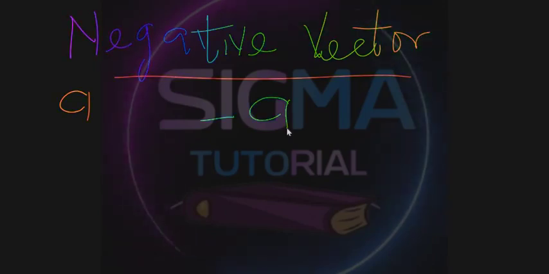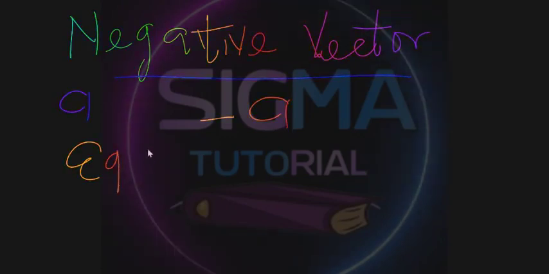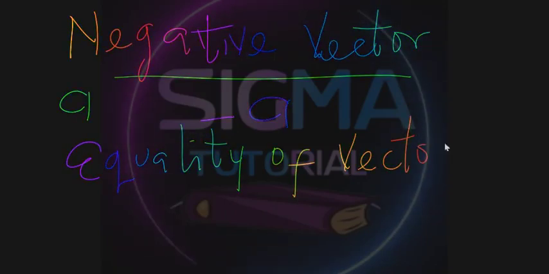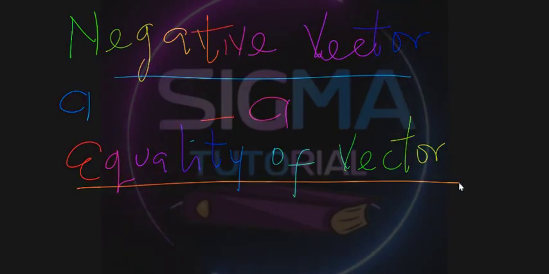Another terminology we have to consider is called the equality of vectors.